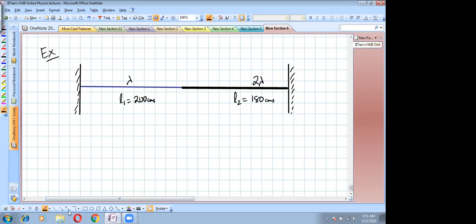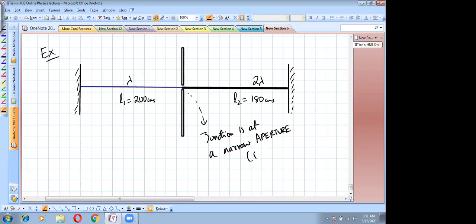So what we are also doing here is that this junction is at a narrow aperture in a wall.